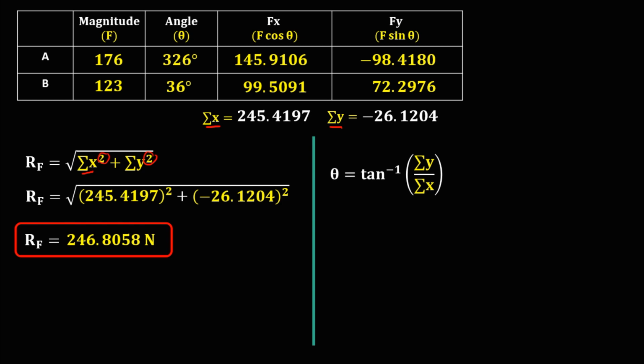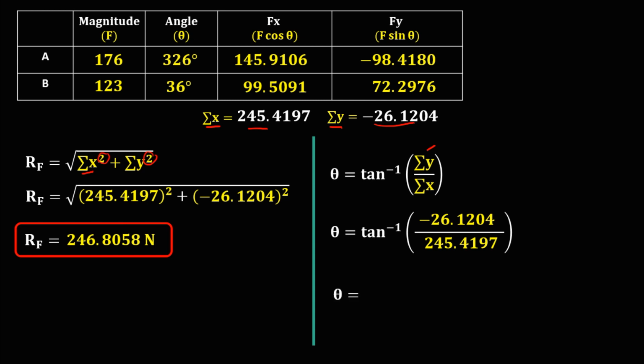Then substitute the values. For the summation of y, that's negative 26.1204, over the summation of x, that's 245.4197.